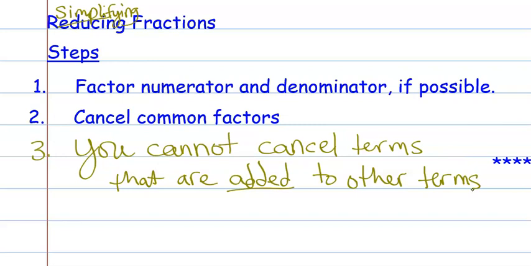For instance, if you have 3x minus 1 over 3x, you cannot do this. That does not work. You would have had to have subtracted 1 first, and then you would have been able to cancel if that worked out, but it didn't work out. So don't do that. Bad.